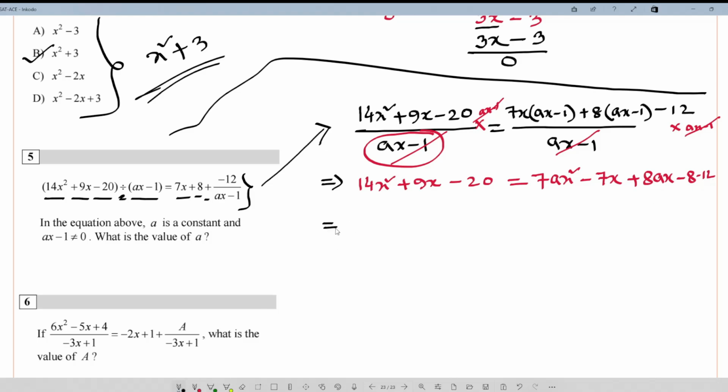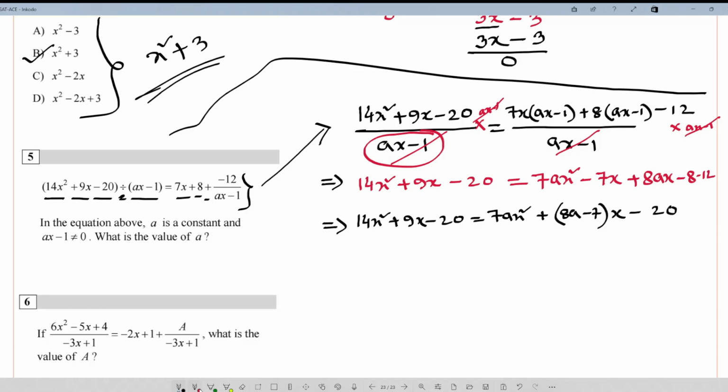Okay, now look, here is 14x square plus 9x minus 20, and here is 7ax square, and we can take common x, right? So it will become what? Once we take common x, it will become plus, here is 8a minus 7, and here is x, and minus 8 and minus 12 will become minus 20.